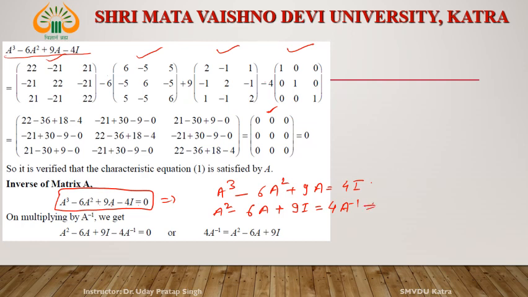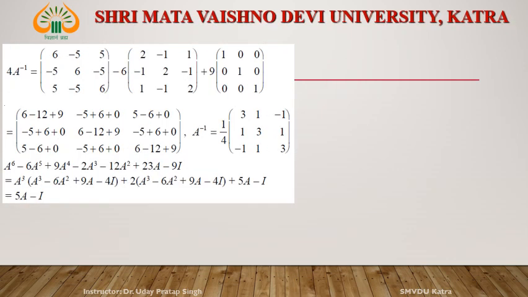Then A inverse is 1 by 4 into A square minus 6A plus 9I. We know what is A square, we know A and the identity. Solve this right hand side and find A inverse.